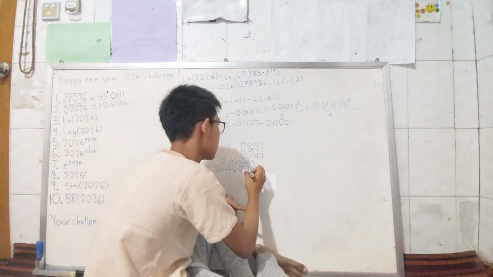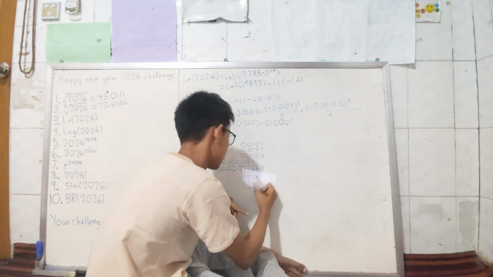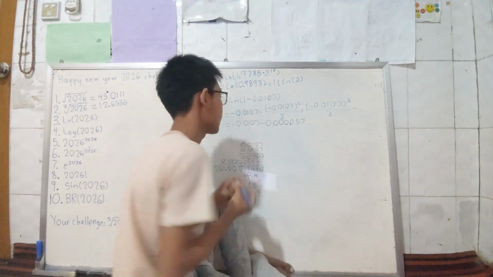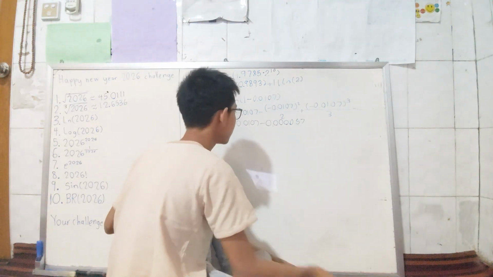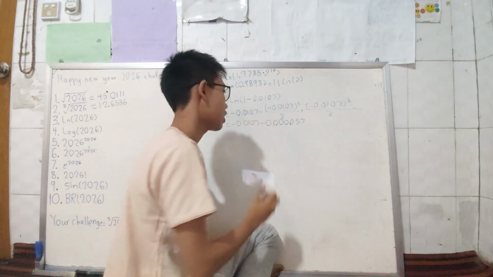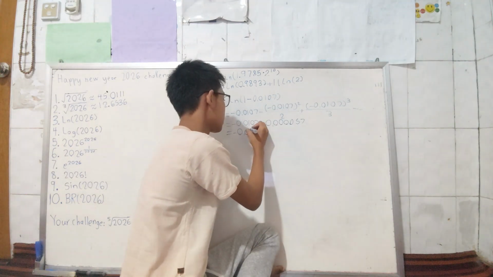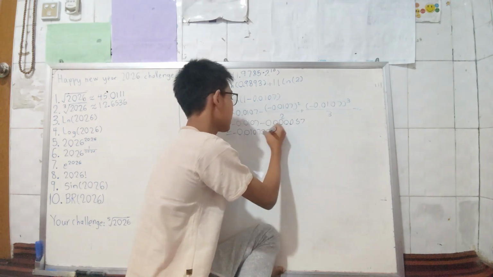So that's gonna be 0.00057. And if we subtract a positive from a negative, we just add the positive arguments. Negative 0.010757.